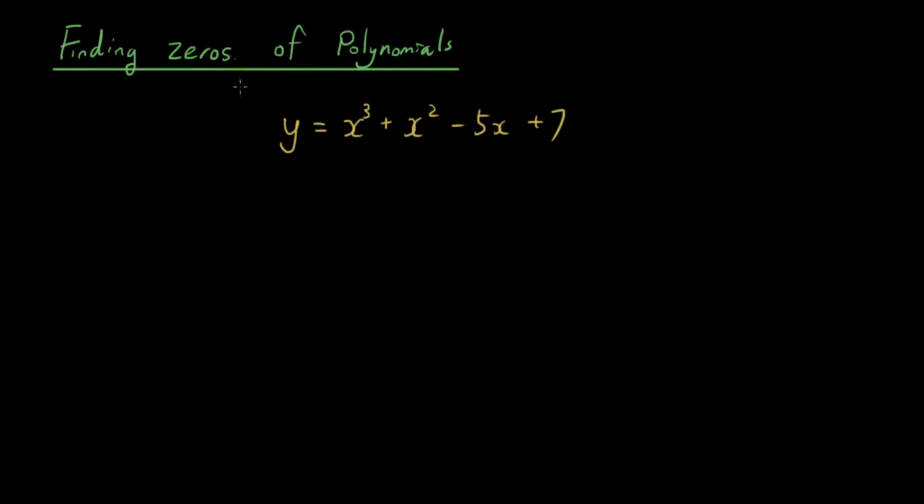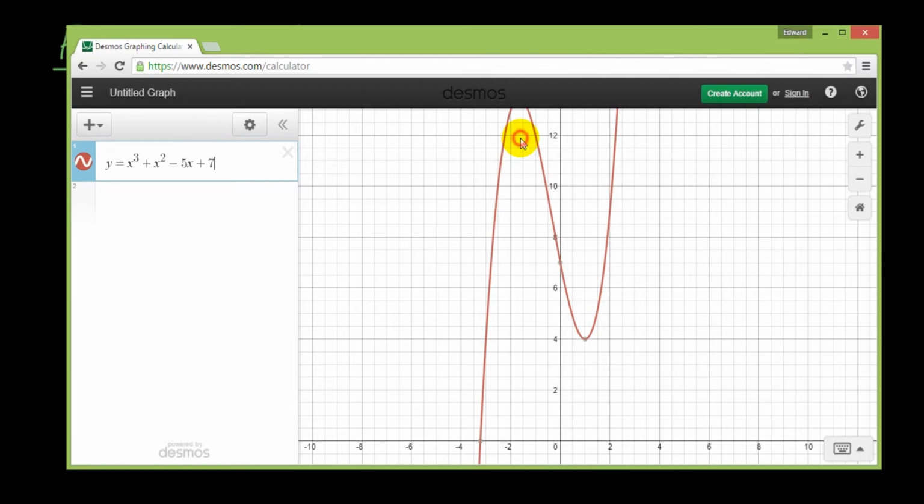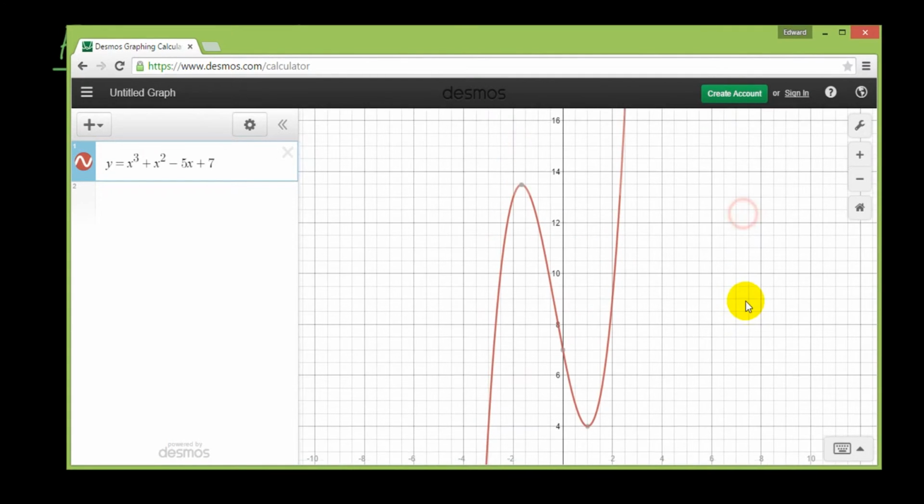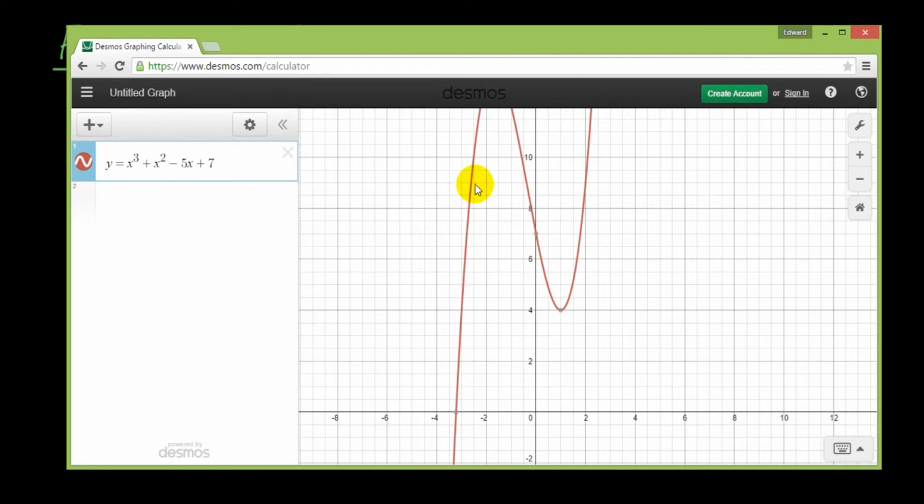Now, finding zeros of polynomials just means that when y is equal to 0, what does x equal? So the easiest way is obviously to draw a graph of it. If I drew a graph of this on your graphics calculator or a graphing program such as Desmos, you will see that the line crosses the x-axis at negative 3.224.